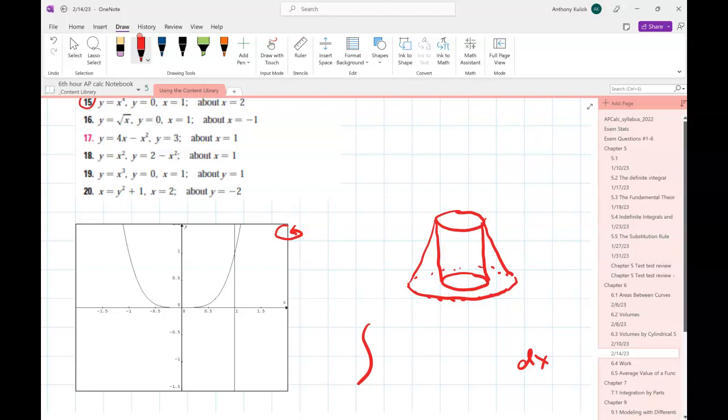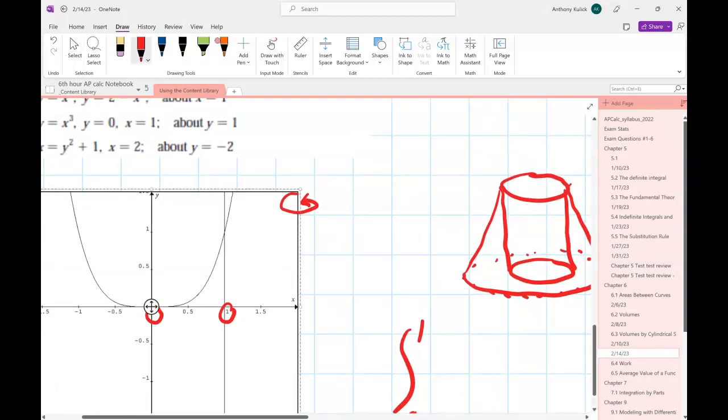For disks and washers, if you're rotating about a vertical axis, you want to do it with respect to y. But when you're doing shells, it's the opposite. Yeah, that's a good rule to go by. So we're going to be integrating from 0 to 1. That's the meat of our interval there.